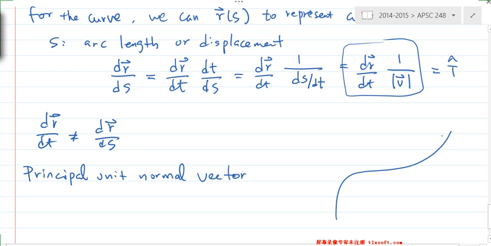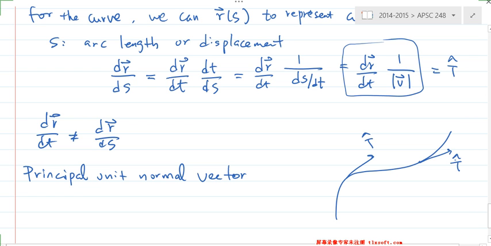So you have a curve, and this is a t hat, or somewhere here you have another t hat. Technically speaking, given a curve in 3D space, how many perpendicular vectors are there to this t hat? You have infinitely many.